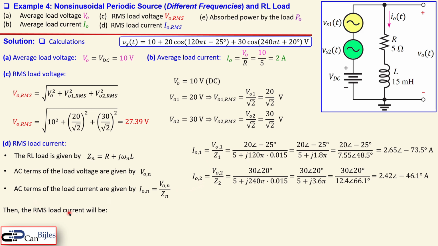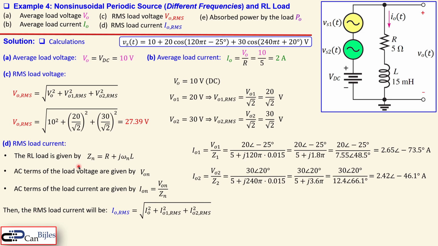Now the RMS load current will be the summation of the squared part of the load average load current and the part that we have determined. So IO1 and IO2, all of them in RMS format squared. So moving on, and then substitute the values we have now determined. We get this.